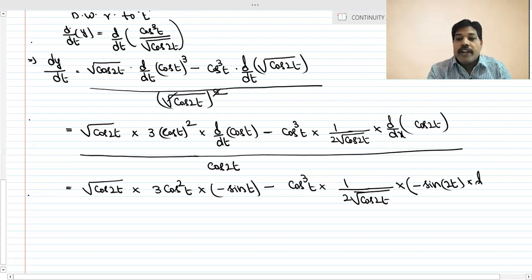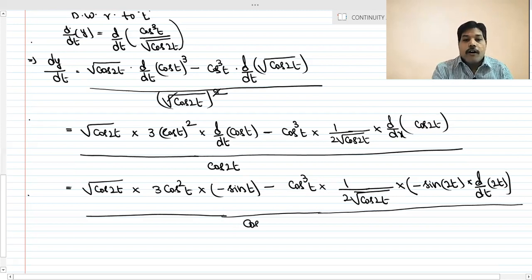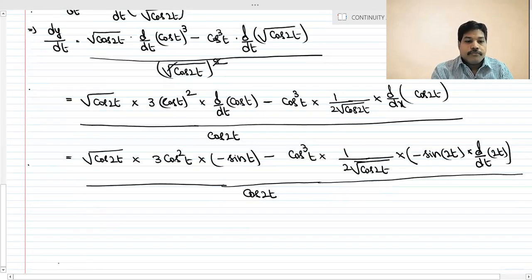Into the derivative of f of x, that is 2t, whole by cos 2t whole by cos 2t. So here what happens? Take that one here.